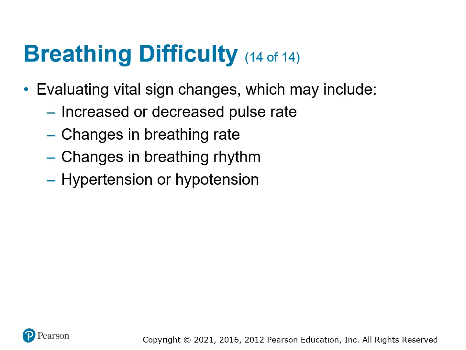So we've already been over that the important thing to pay attention to when we're assessing our patient is patient changes. In that, we're looking at changes in vital signs. So increased or decreased pulse rate. We already know if we're doing assisted ventilations, this is a good indicator of how good our ventilations are. But also, we're looking at changes in the patient's breathing rate. We're looking at changes in the patient's breathing rhythm.